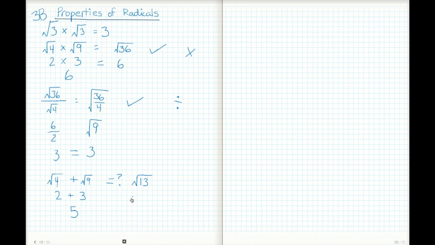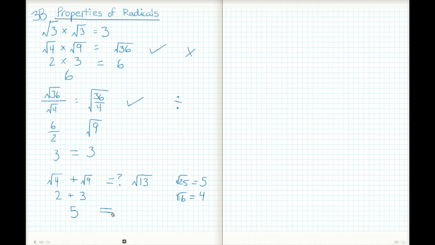Well, the square root of 13 is going to be a big long decimal. I don't actually have to find out what it is because I know that the square root of 25 is 5. The square root of 16 is 4. If I write this out, the square root of 25 would give me 5. And the square root of 16 gives me 4. So the square root of 13 has to be less than 4.